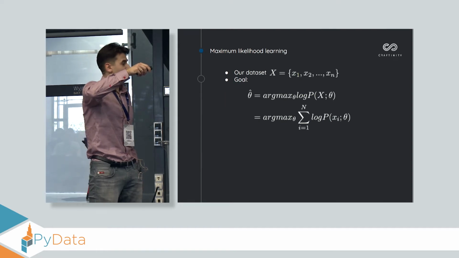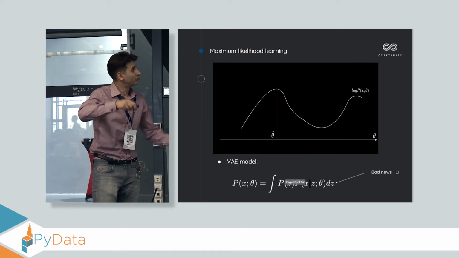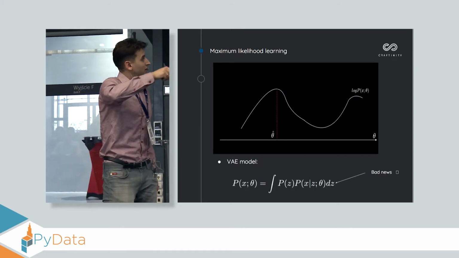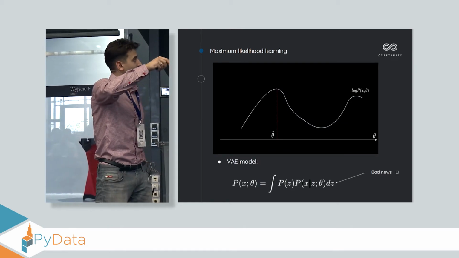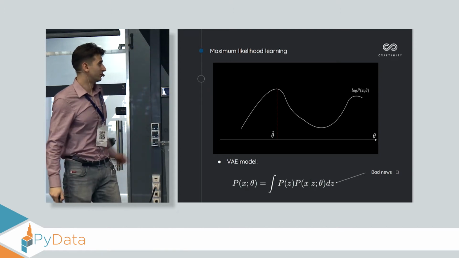This log of the probability is called the likelihood. To visualize this, if our likelihood depends on the parameters in some way, then we look for the parameters which maximize the likelihood.